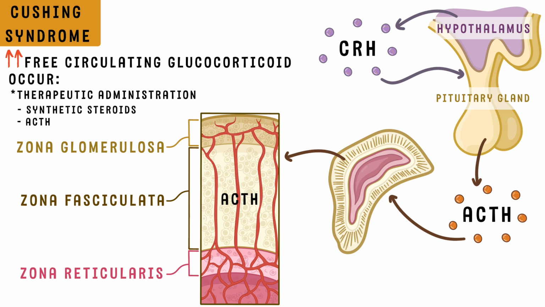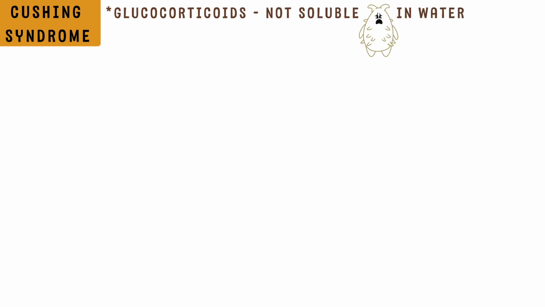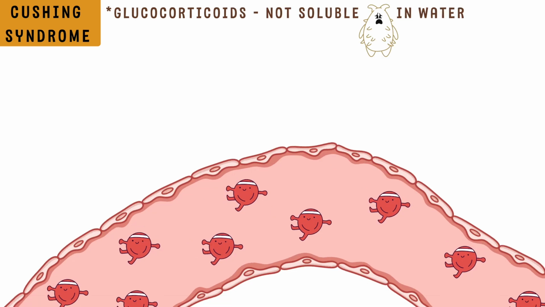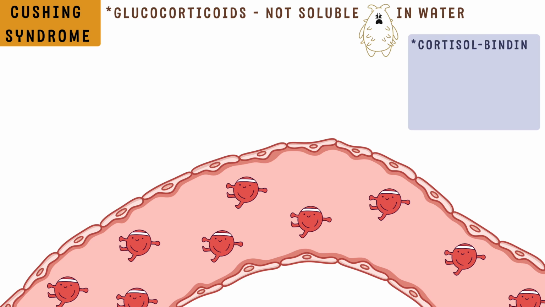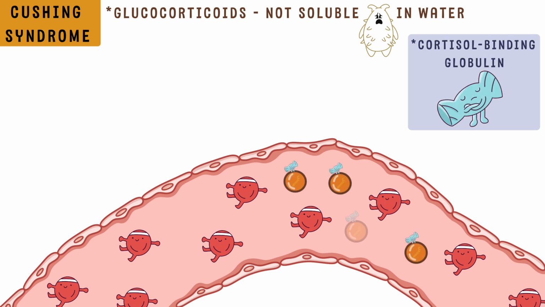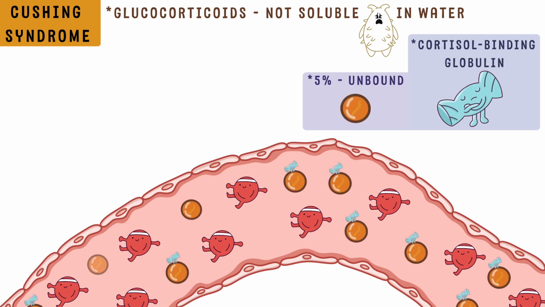The ACTH specifically stimulates cells in this zone to secrete cortisol, which belongs to a class of steroids or lipid-soluble hormones called glucocorticosteroids. Glucocorticosteroids are not soluble in water, so most cortisol in the blood is bound to a special carrier protein called cortisol-binding globulin, and only about 5% is unbound or free.